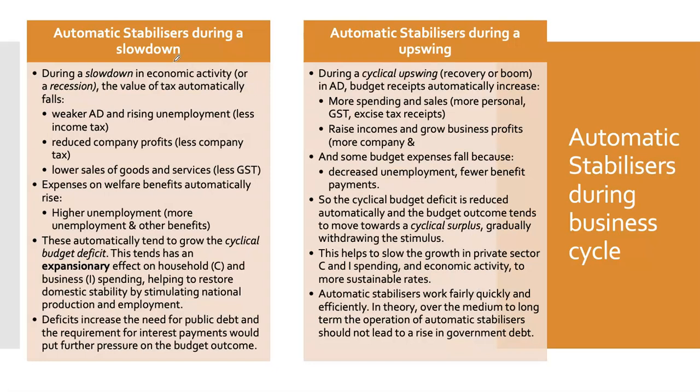What are the automatic stabilizers going to do during a slowdown? And remember, an automatic stabilizer in a slowdown is likely to try and drive an expansionary or deficit budget. So what is going to happen automatically to drive bigger deficits or deficits that drive economic activity?